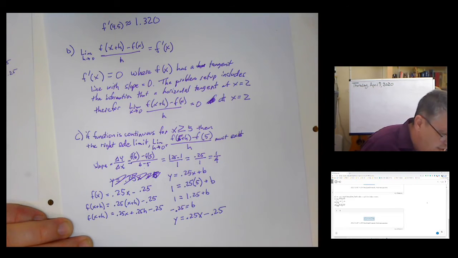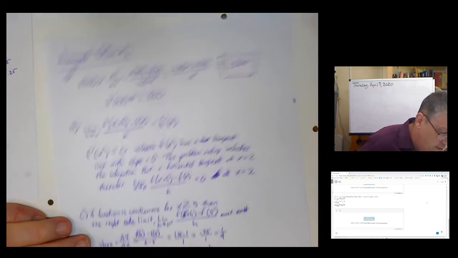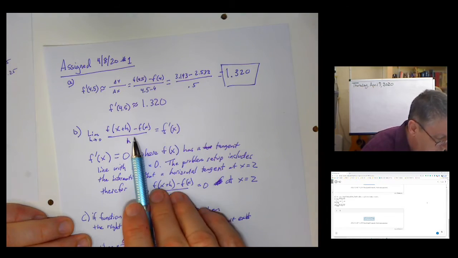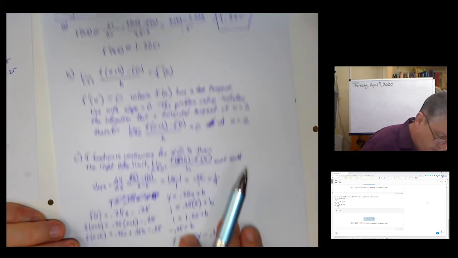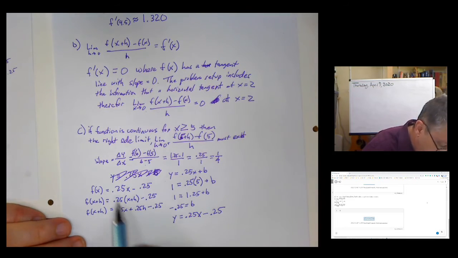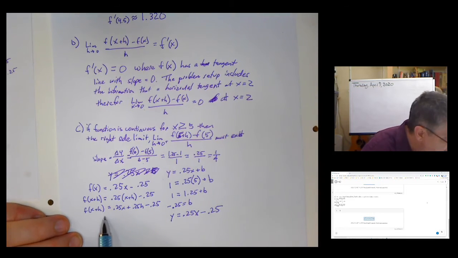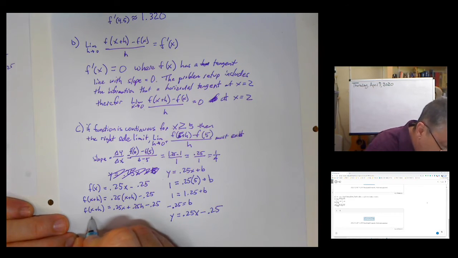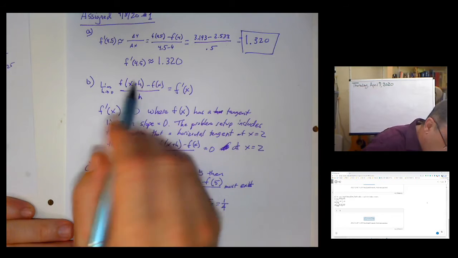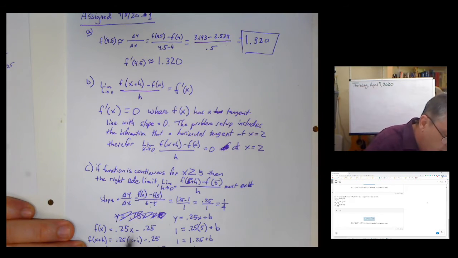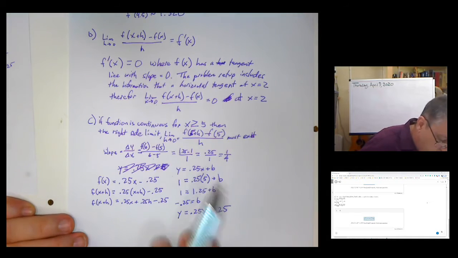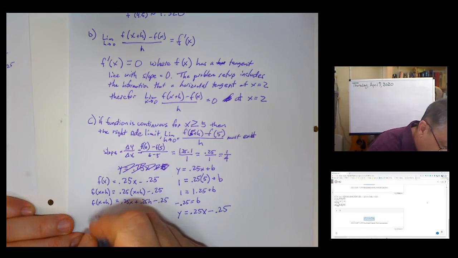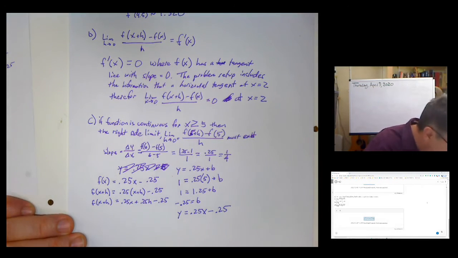Now we've got to go back up into this thing and run it through there. We know f of x, and we know f of x plus h, right? So we're just going to substitute what we know for these two things in our little limit expression.